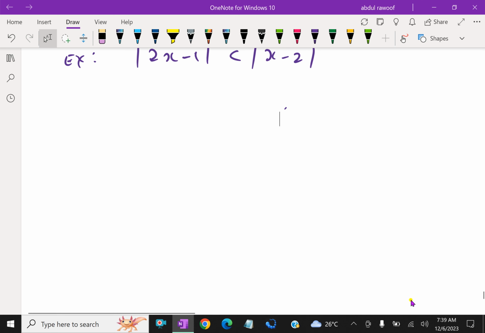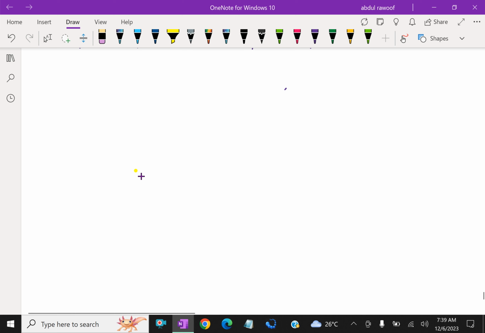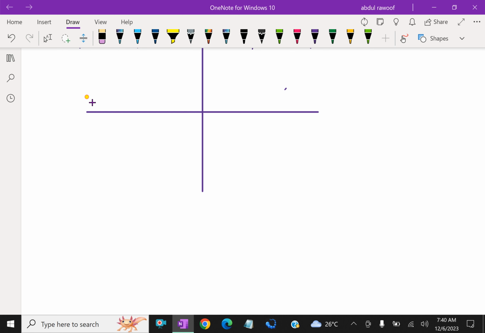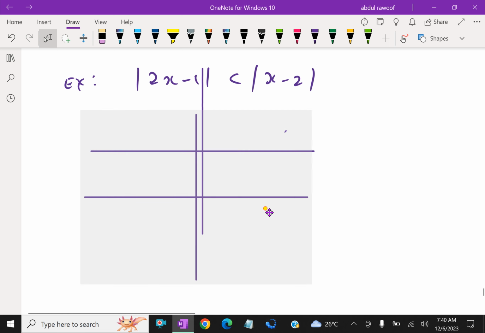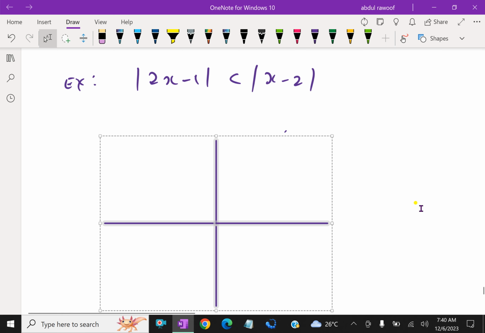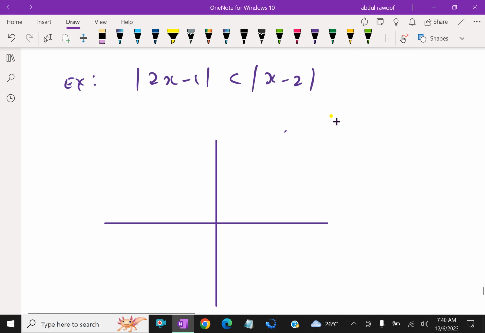First we will draw one sketch for this. Look at here. First we will draw a line for y equal to 2x minus 1.